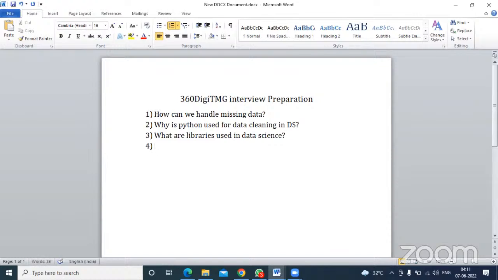What are the libraries provided by Python for data science, or the popular libraries we mostly use for data?